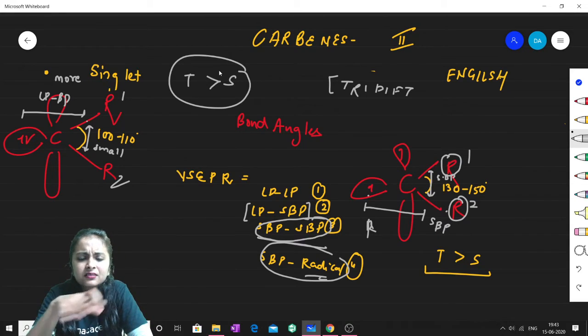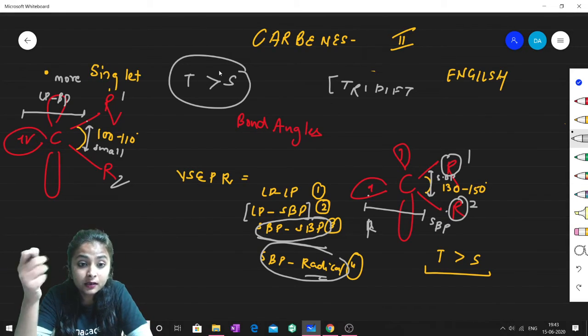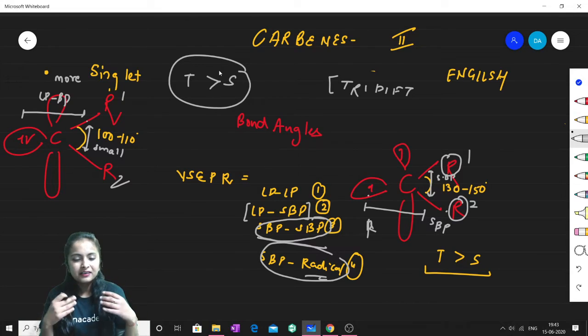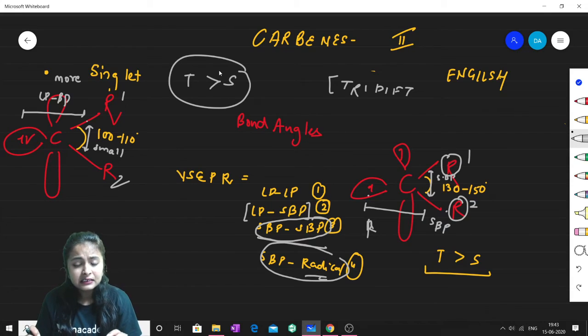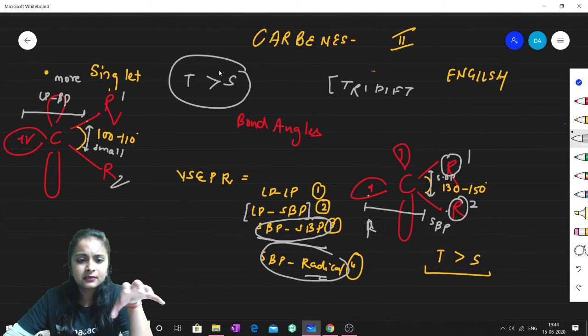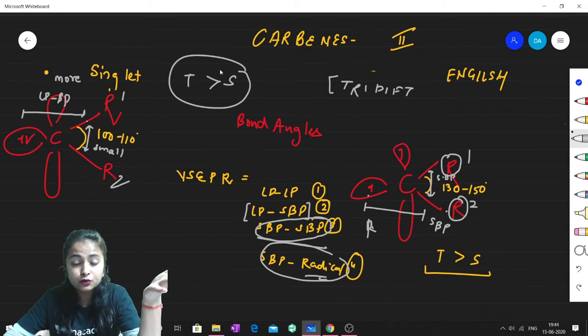Now this bond angle is not a theoretical concept. It cannot be seen just by saying that yeah, this is 110, it is 130. Basically it is seen using spectroscopic techniques like crystallography, like NMR, and many more spectroscopic techniques that can be used to find out the bond angle.